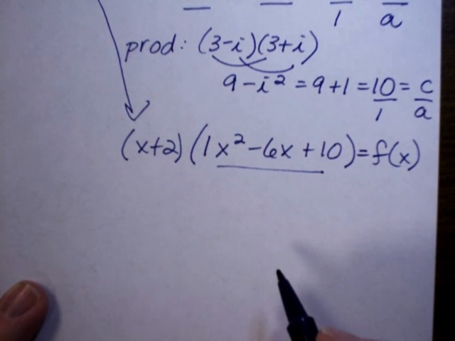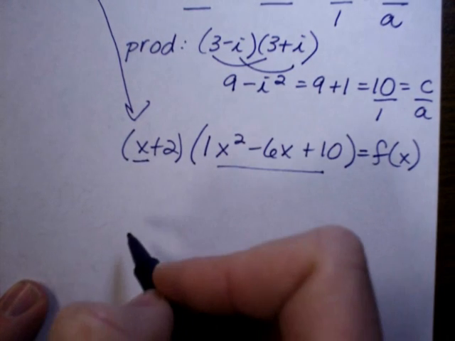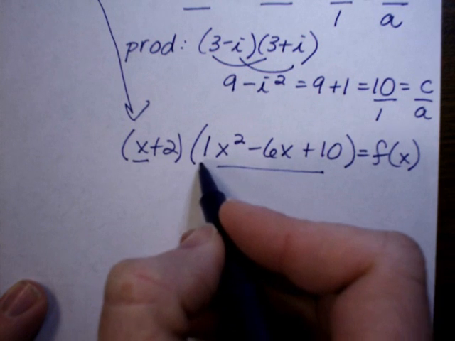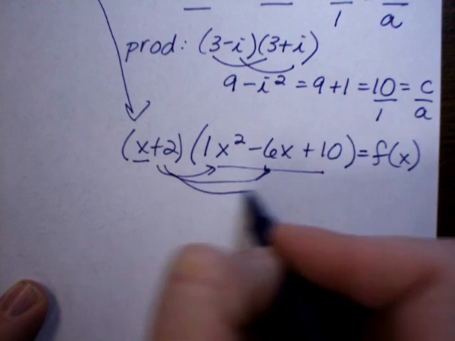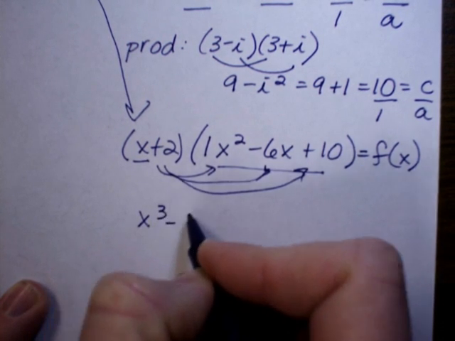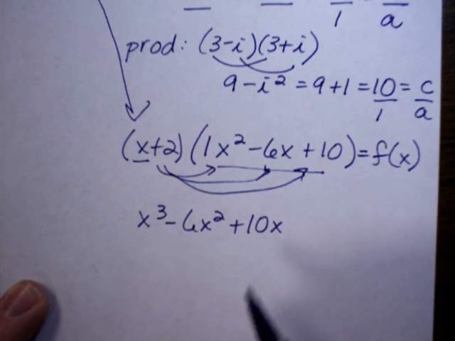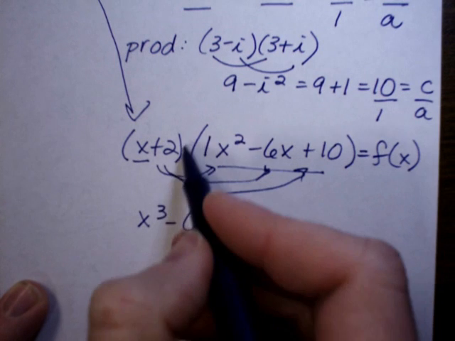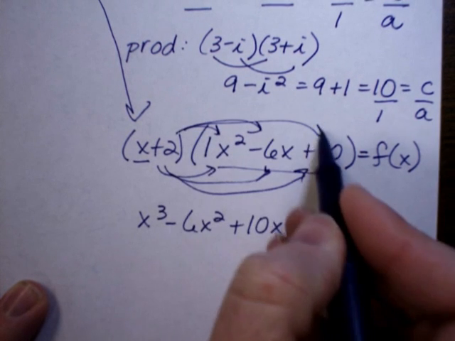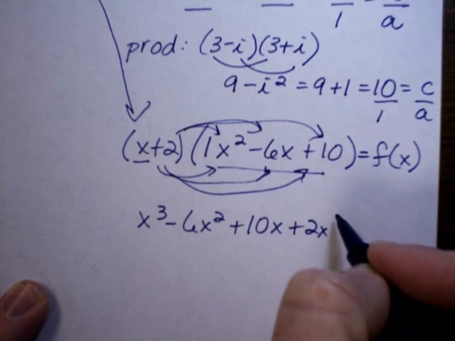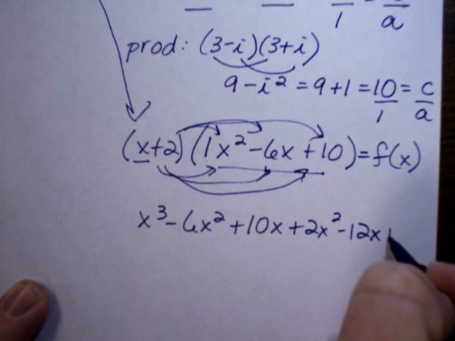So now we're back to just multiplying. I'm going to multiply the x times every term in my trinomial. That'll give me x cubed minus 6x squared plus 10x. And then I'm going to multiply the 2 times every term. Plus 2x squared minus 12x plus 20.